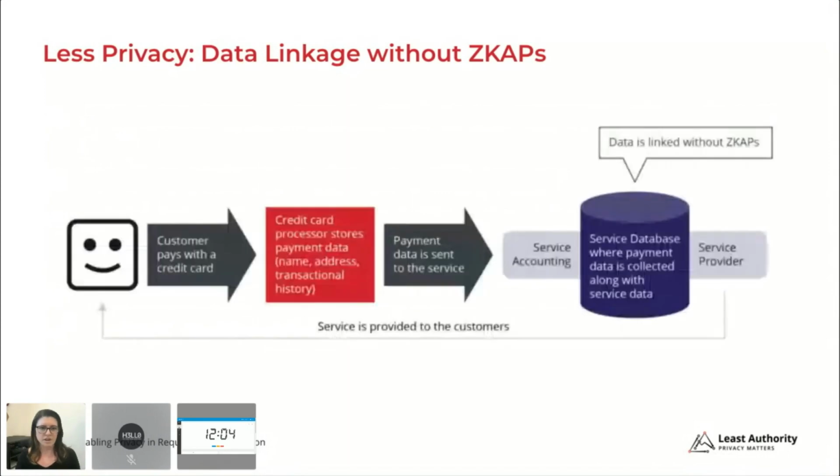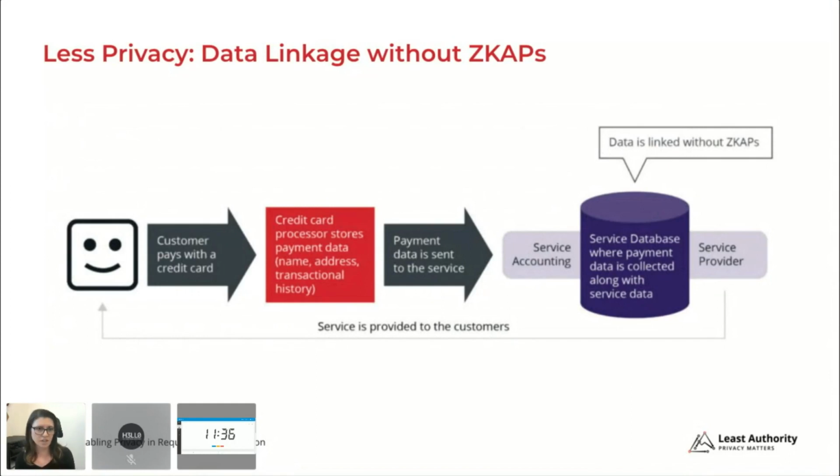So here's a nice diagram that sums this up a little bit better. This is what the system is without ZCAPs. You have your customer who pays with a credit card, for example, and the credit card processor stores this information, whether that's your company or a third party, so there's this personal data, and that payment data is then sent to the service to do that proof of payment part of it.